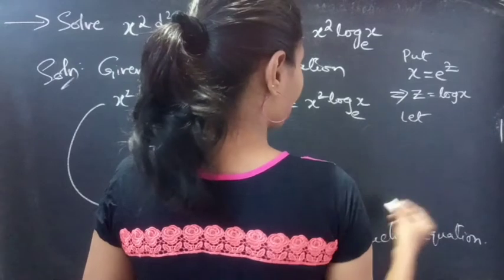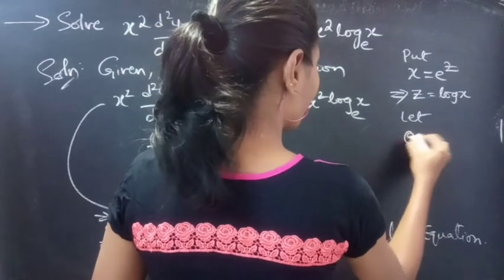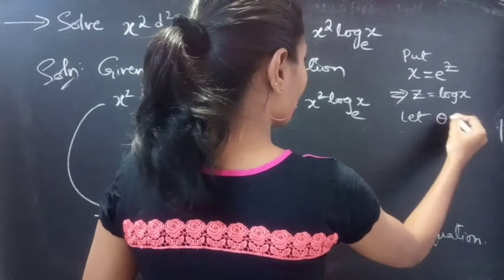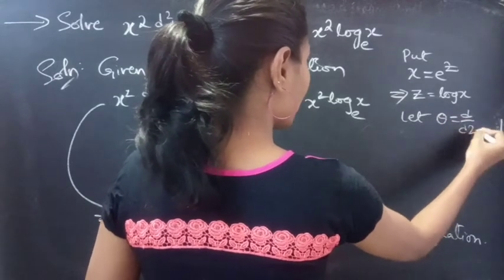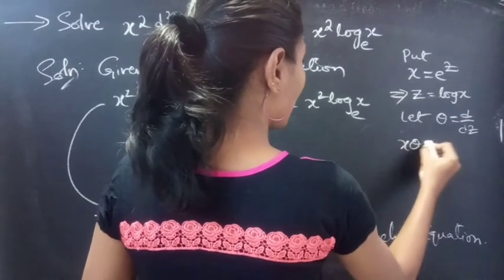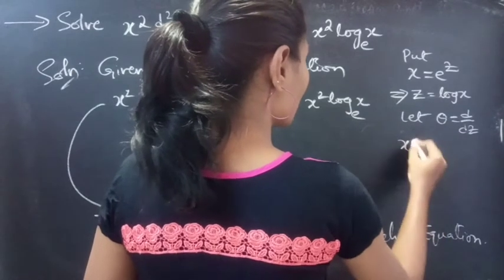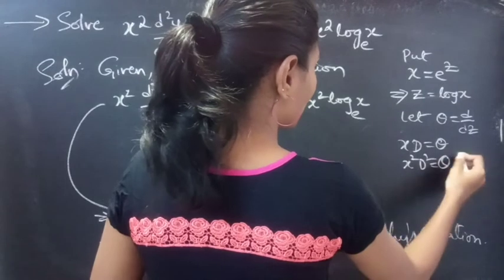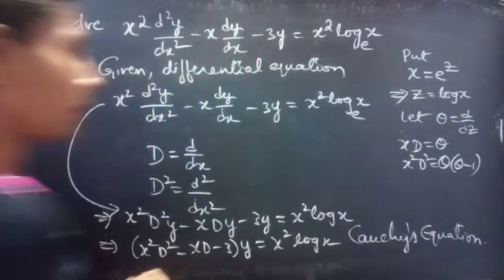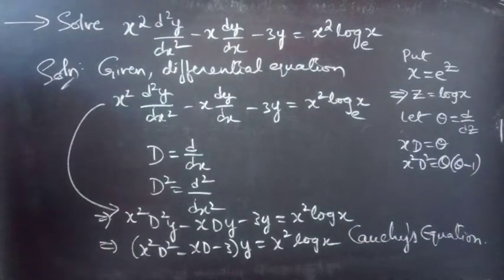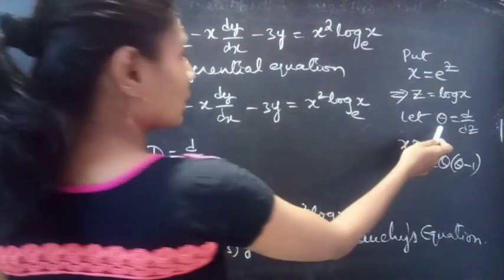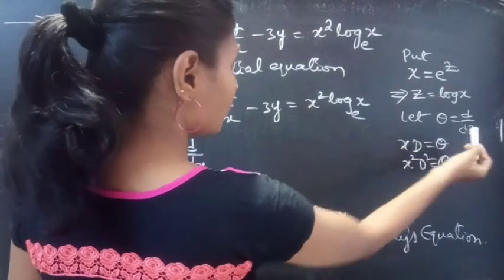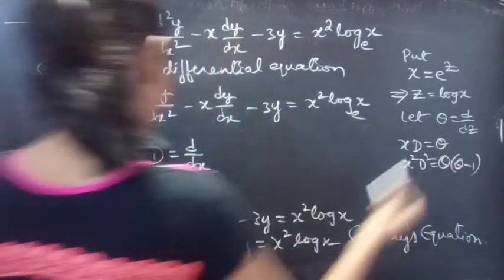Let theta equals to d by dz. Then xD equals to theta, x square D square equals to theta into theta minus 1. Here theta is a differential operator whose independent variable is z.